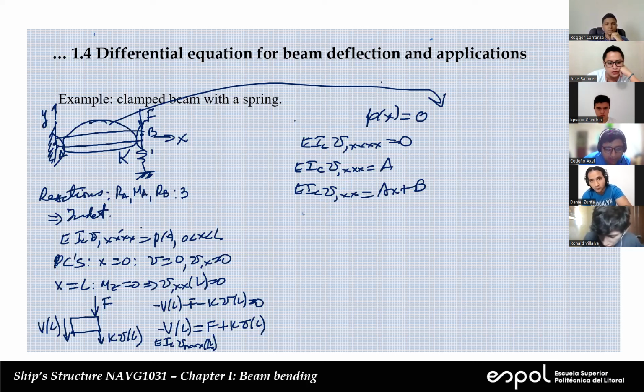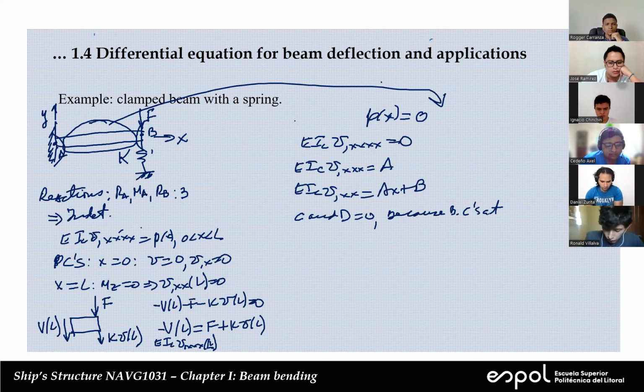Why? Because when we replace the slope and the deflection, it turns to be 0 because of the first and second boundary condition. Yes, exactly. So they both are 0 because of the boundary condition at 0.